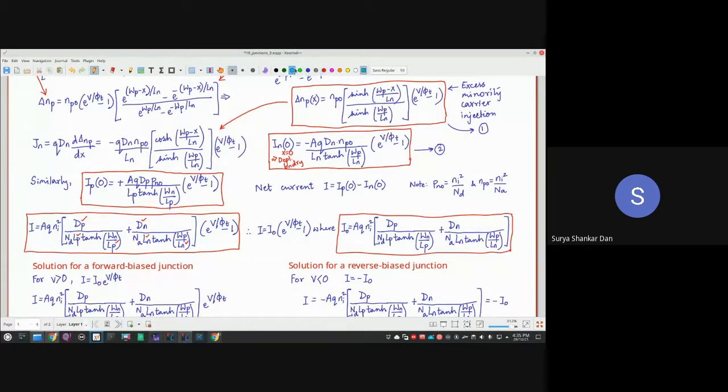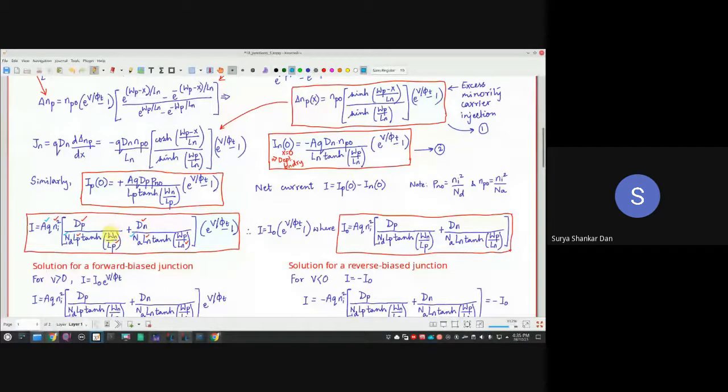Now what are the device dependent parts? Area of cross section of the device. q is anyway constant. ni squared is again material dependent. Device dependent parts will be Nd, Na, Wp and Wn.